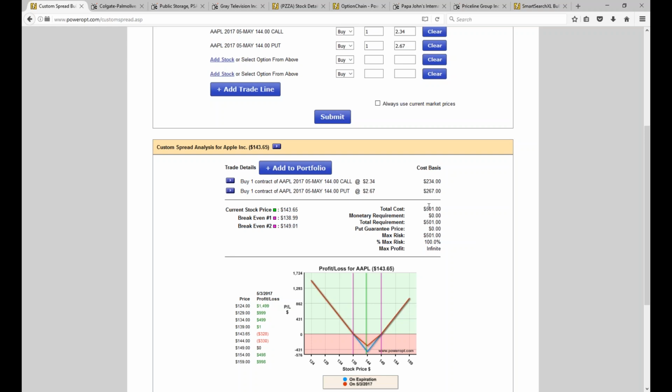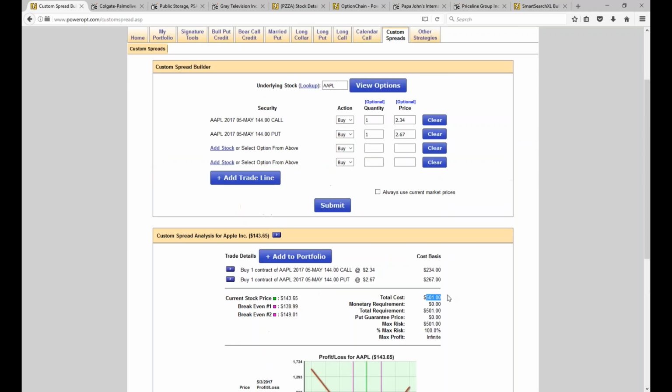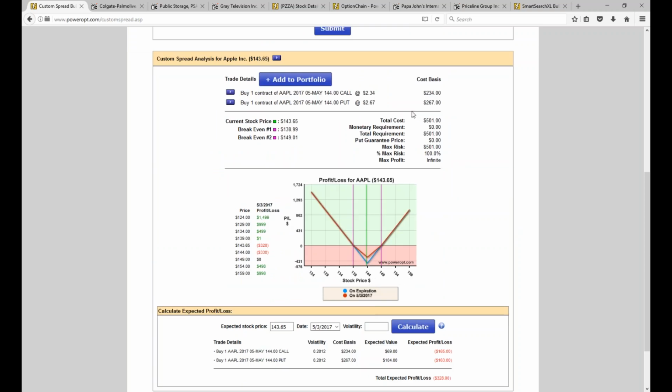Honestly, just buying one contract apiece of $500, I will never risk more than about 2 to maybe 3% of my total portfolio value on a straddle or strangle. So what does that mean? That means right now if I'm trading with a $40,000 account, I'm probably only doing one contract of this at the money straddle, maybe two if I'm pushing it. Okay? I don't want to go beyond that. Because why? Because if nothing happens, what's going to happen on May 2nd?